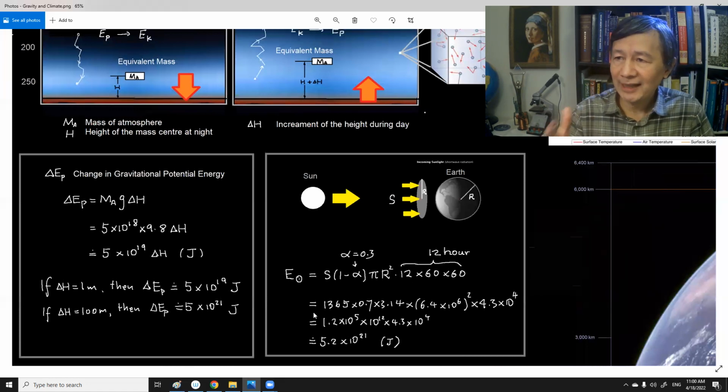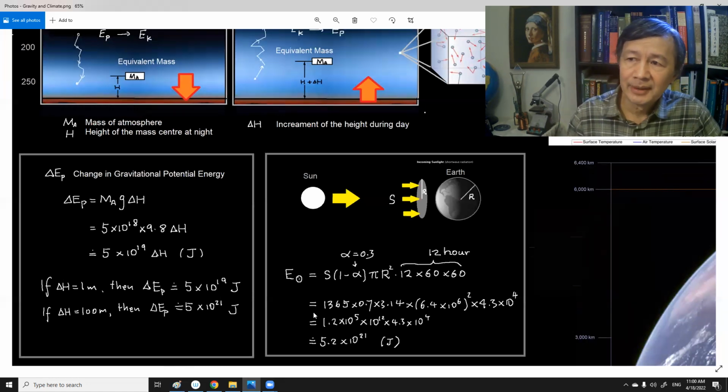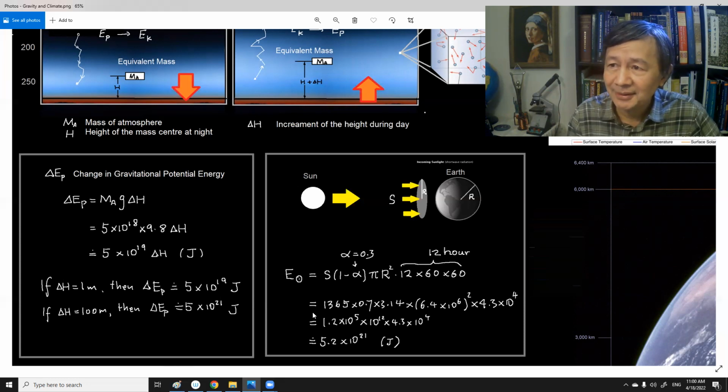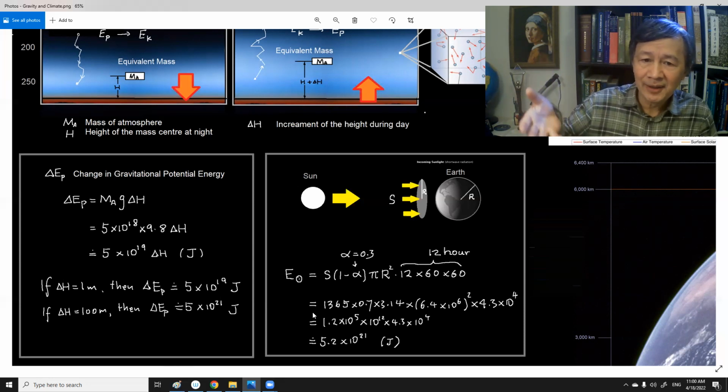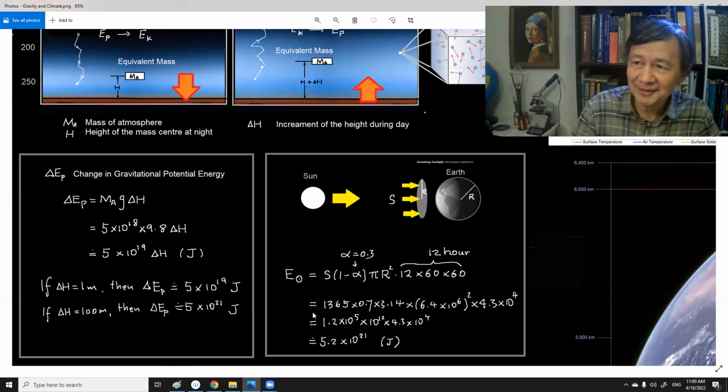So what does that mean? It means that our atmosphere can easily store the whole solar energy absorbed by the Earth during the day in the form of gravitational potential energy, by just shifting its mean height by about 100 meters above the surface.